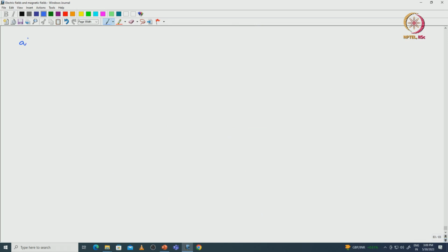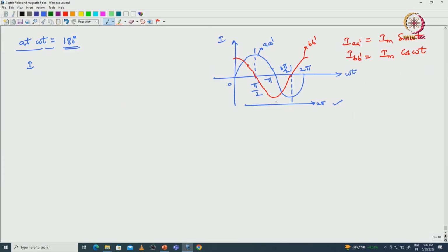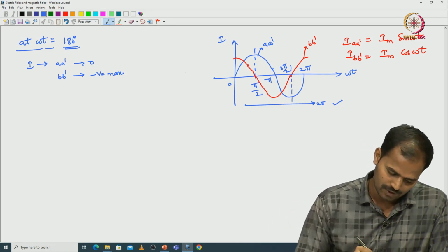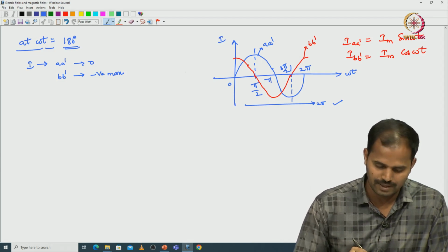Next we will analyze at omega t equals 180 degrees. At this instant, if we see the currents, the current to the A dash coil is 0, and B dash coil is negative and maximum. So, only the B dash conductor is carrying the current and it is in an opposite direction. From the vector analysis we can analyze it directly, or we can do it with the thumb rule like magnetic field lines.